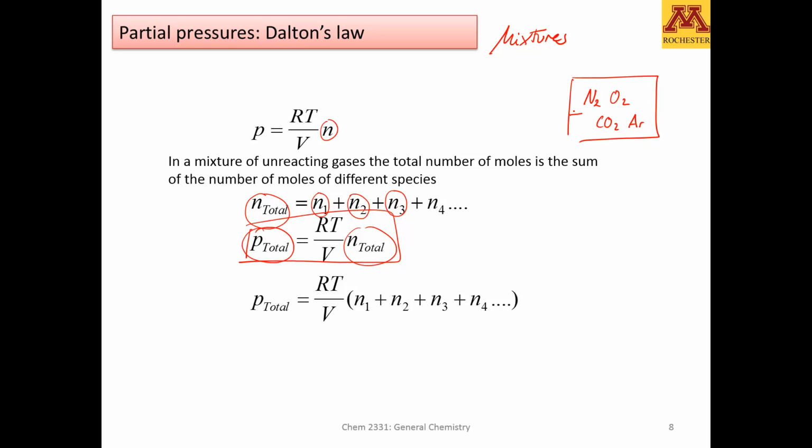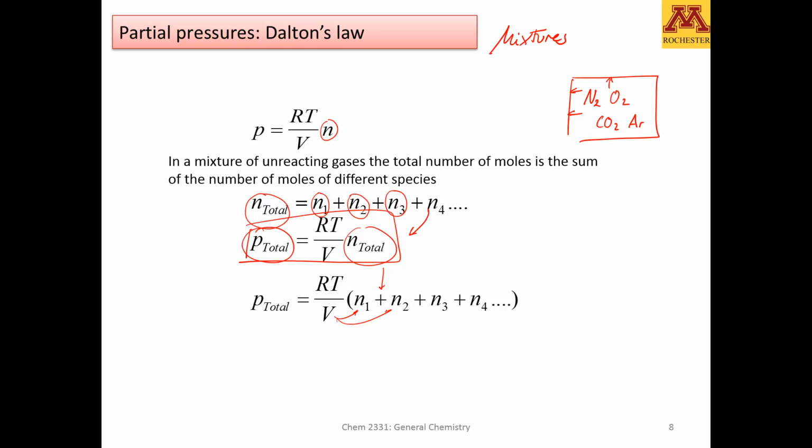Therefore, what you measure is the total pressure. If you put here the total number of moles regardless of its identity, you're going to measure the total gas pressure. In this case, if it's atmospheric pressure, it would be 1. The cool thing though is that you can just substitute this in here, and then you would have something like that.